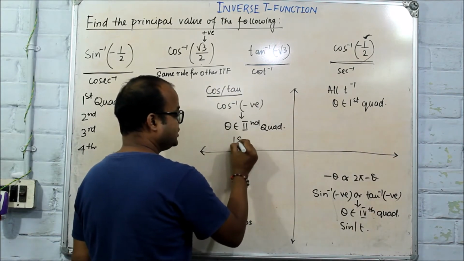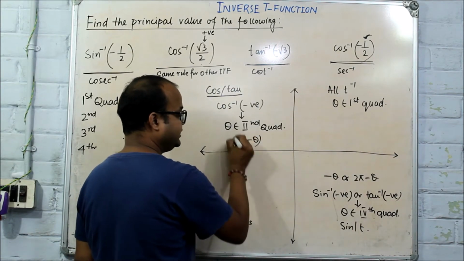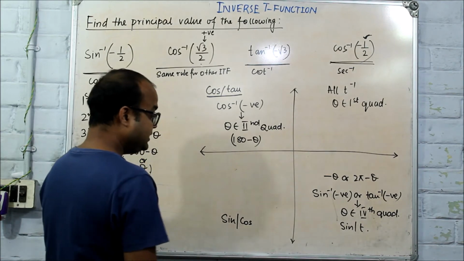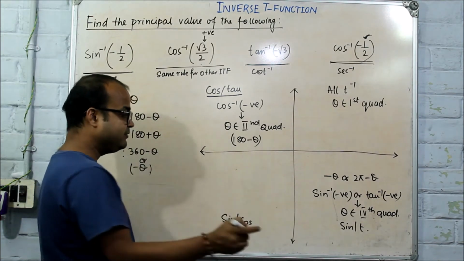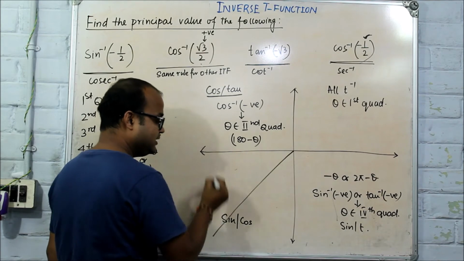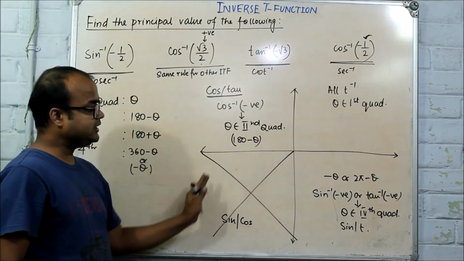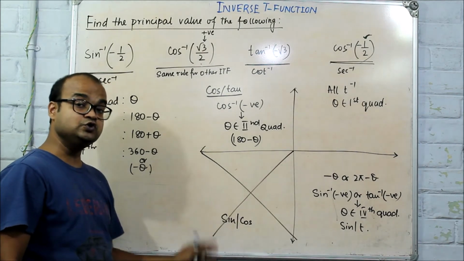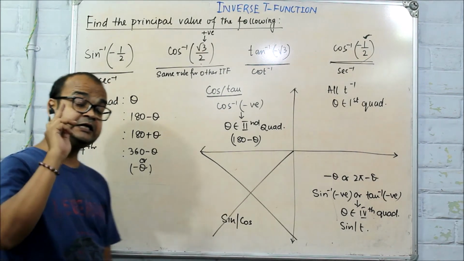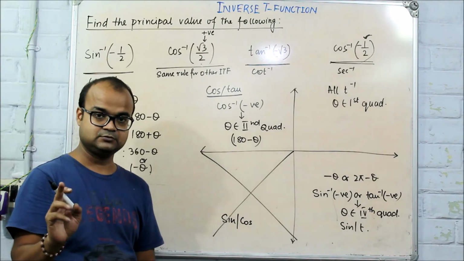If it belongs to the second quadrant, your angle will be 180 degree minus theta. In inverse, you will never get any angle in the third quadrant, so this quadrant is not used to find the angle in inverse trigonometric functions.